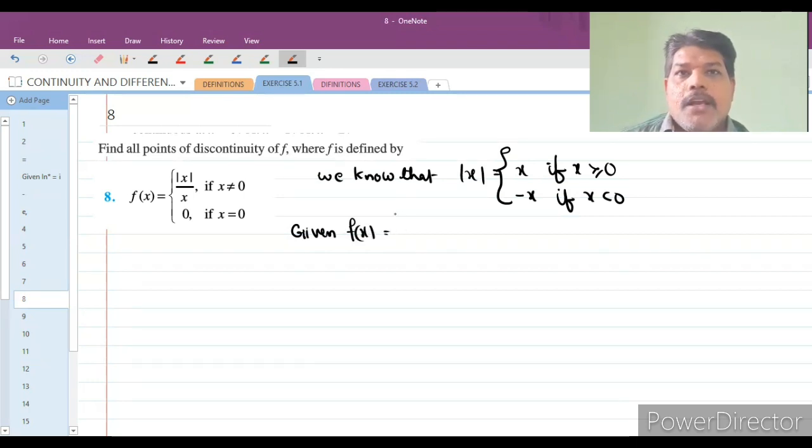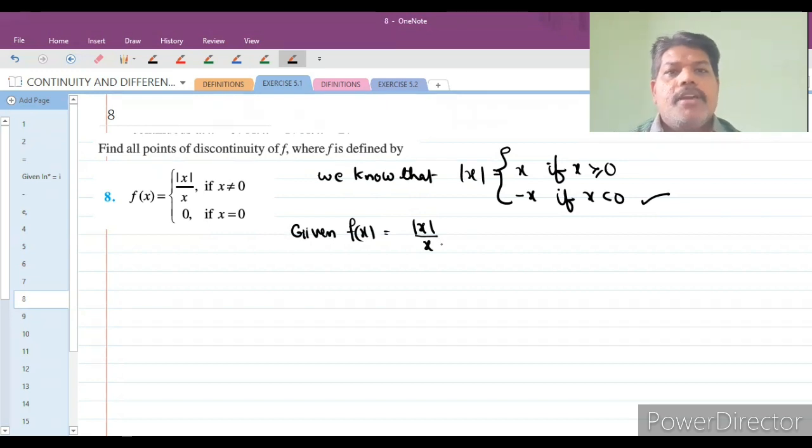What is that carefully? The first one I will take for x less than 0. So what happens? The f of x value is mod x by x, with x not equal to 0, meaning it may be less than 0 or greater than 0, but not 0.